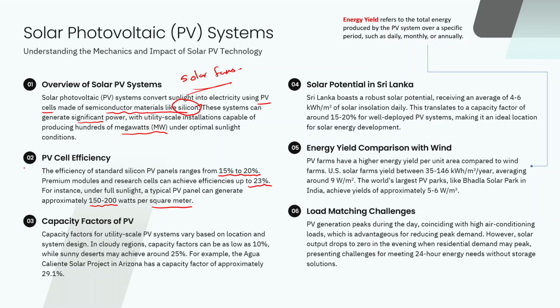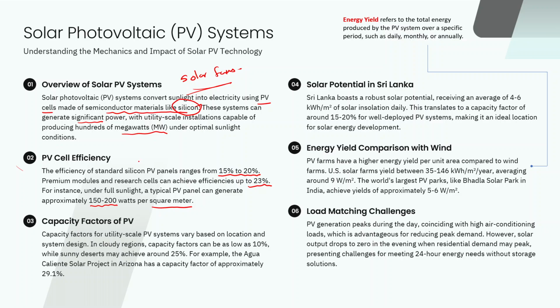But this is a very feasible technology for countries like Sri Lanka, but you have to have better infrastructure to facilitate the high penetration of solar in the country. So managing the infrastructure is also very important, right?